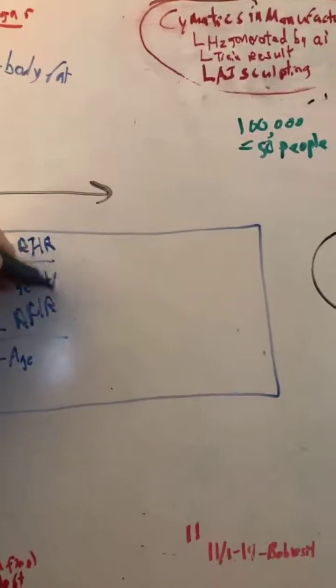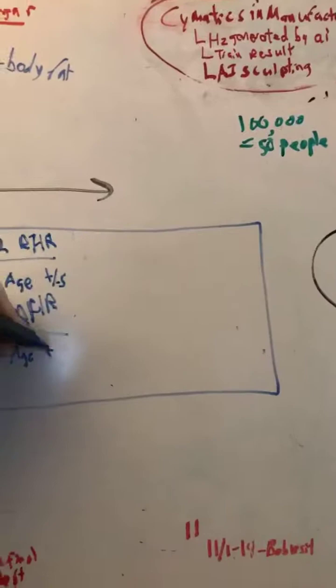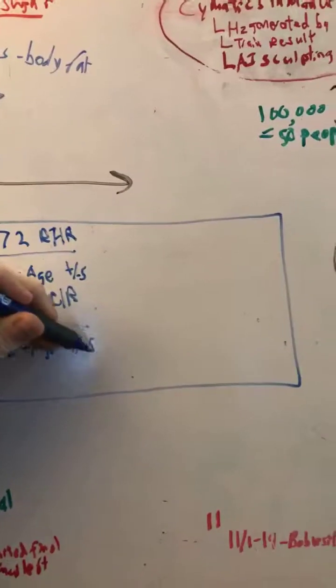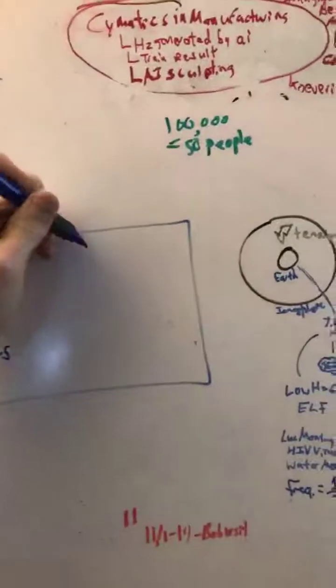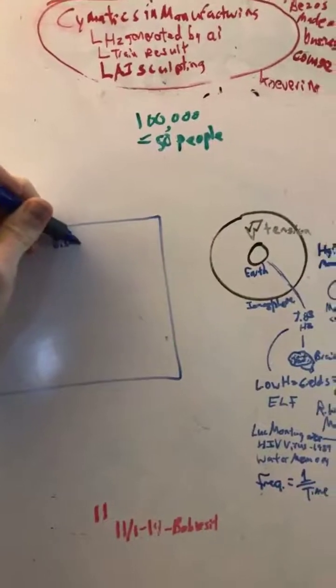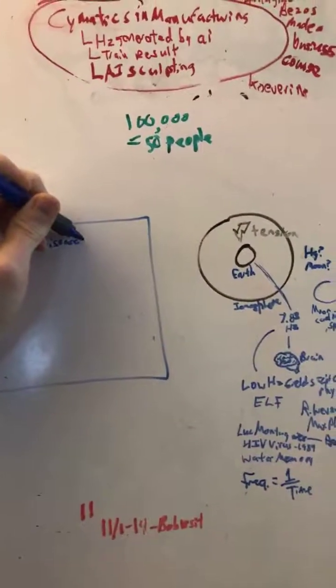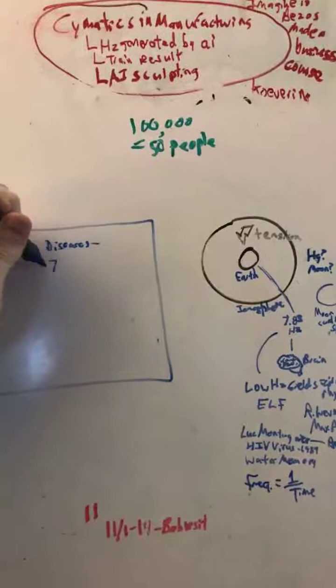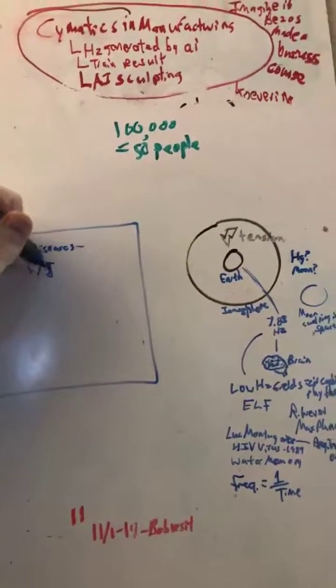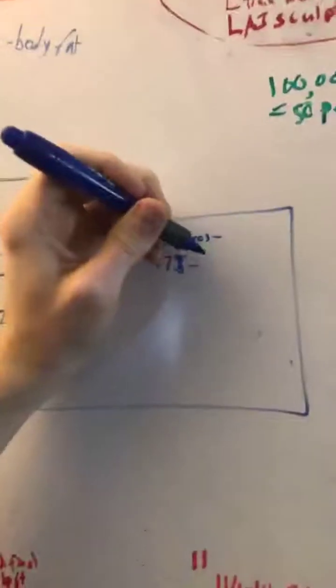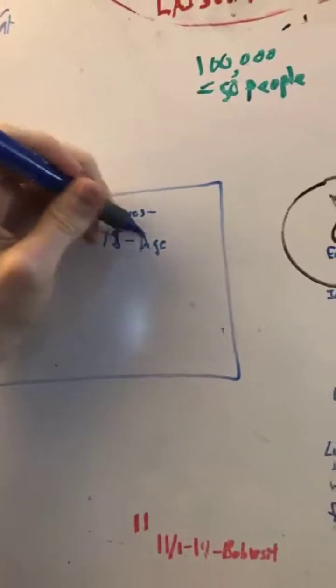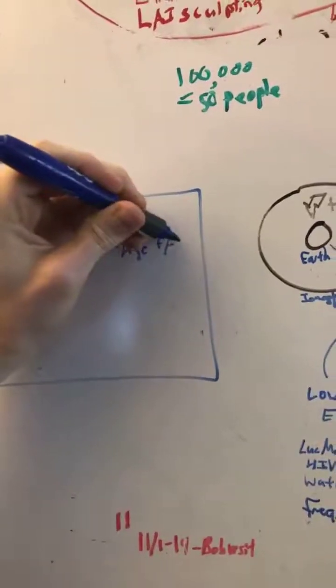Oh, sorry, and these are plus or minus 5. And then if you have a disease, then you start at 175 minus age, plus or minus 5.